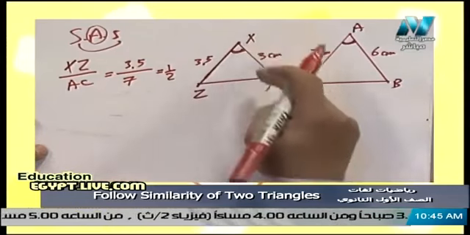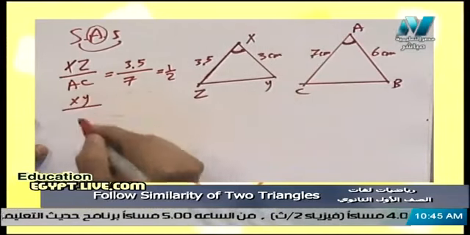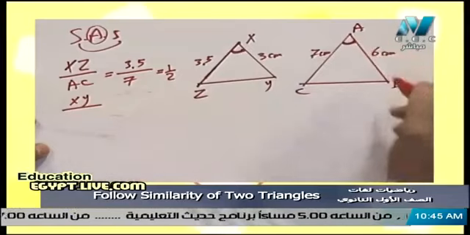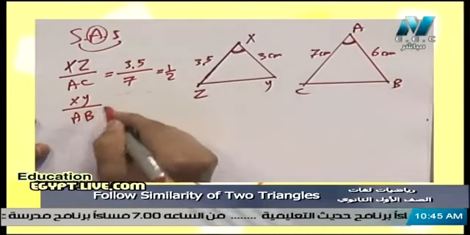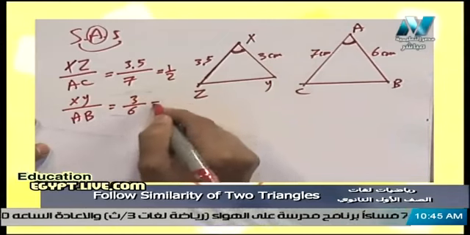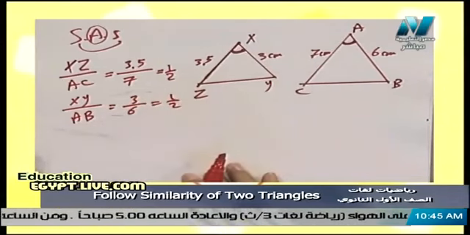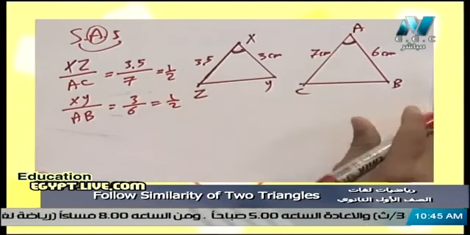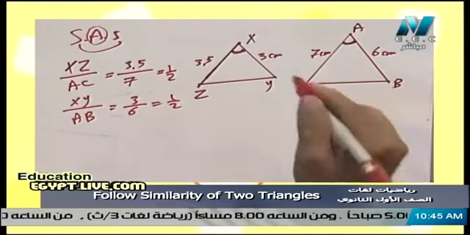And XY, if we divide it by AB, then XY over AB equals 3 over 6, which equals half. So we have two sides that are proportional.